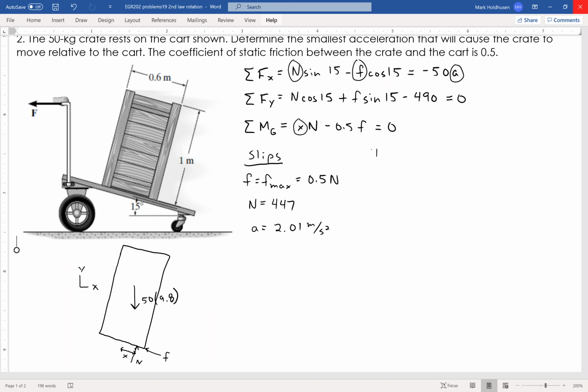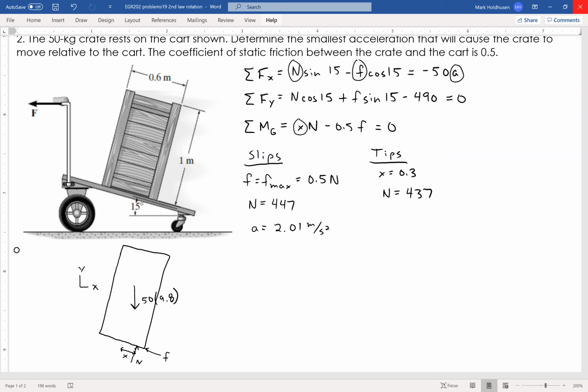Okay, now for tipping to occur, my x has to equal 0.3. So from that I can plug that into my moment equation, use that and the sum of the forces in the y equation, and I can find that my normal force in this situation becomes 437.